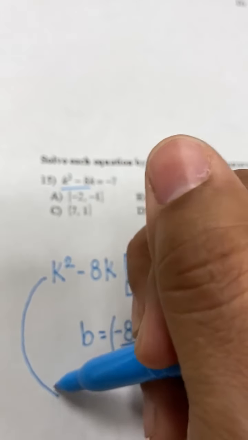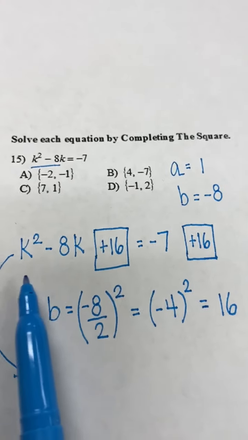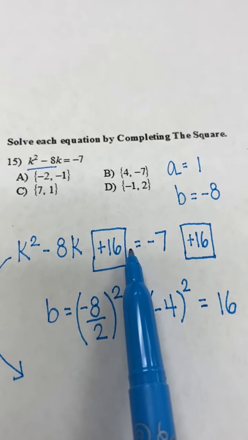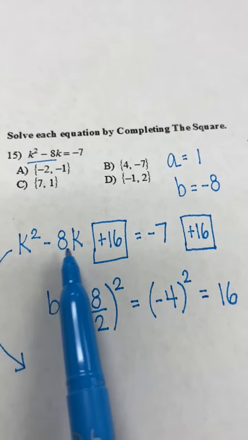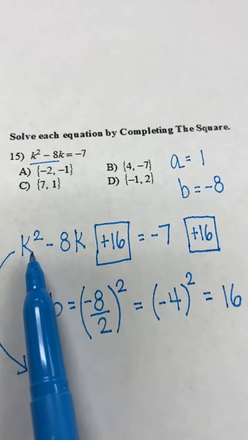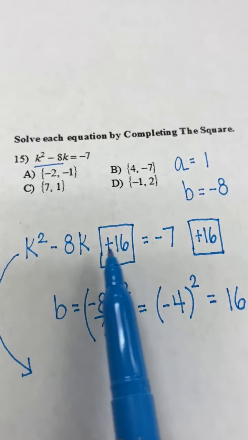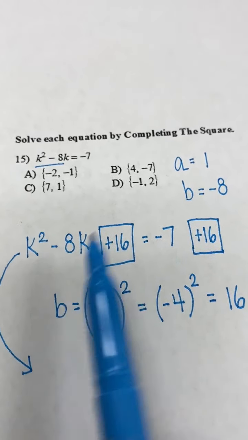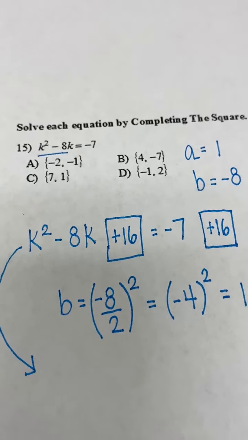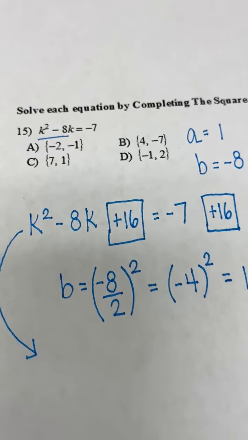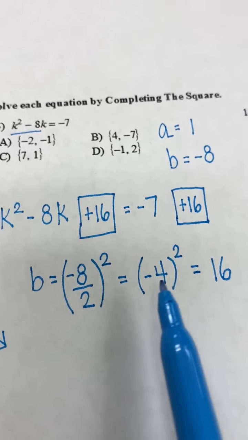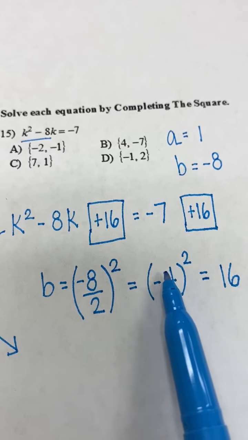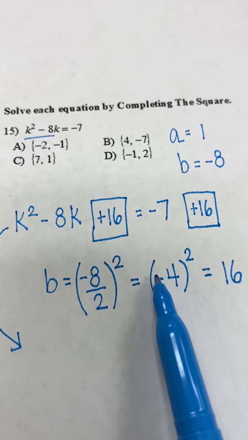So I'm going to work out this part. Now here, this is your perfect square trinomial. You have to factor it out. There's a couple of methods to factoring, and it depends on how your Algebra 1 teacher taught you. But we're not going to factor it out. Do you remember when I told you about this -4? This is going to help us really quick.